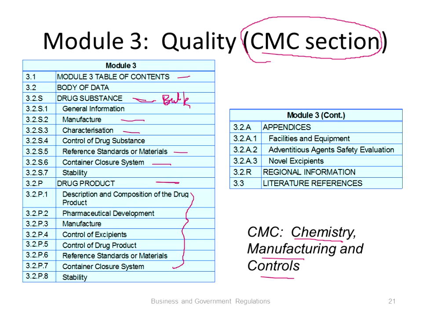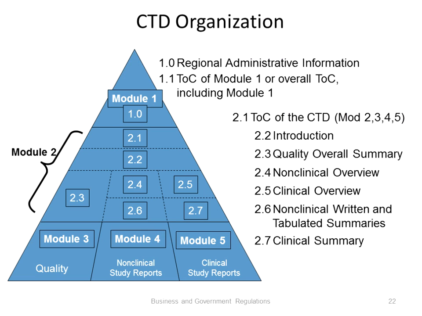This is the bulk product, and this is the vial product, right? And there are appendices. So I don't expect you to remember all of this. This is just for your information, but you should remember that Module 3 is the home of quality, which is the home of the CMC section, which is important to us.